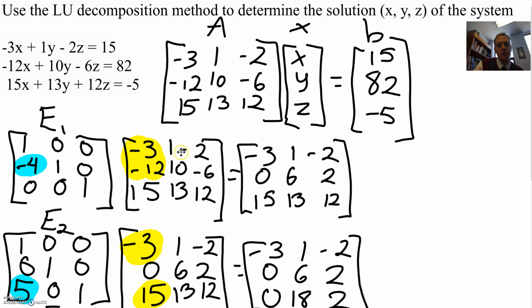So once again, -3, 1, -2, and likewise with the bottom row, stay the same. By doing that, -4 of the first row and 1 of the second row, I get 0 from positive 12 plus -12. I get positive 6 from -4 plus 10, and I get positive 2 from positive 8 minus 6. That gives me a matrix that's slightly different.